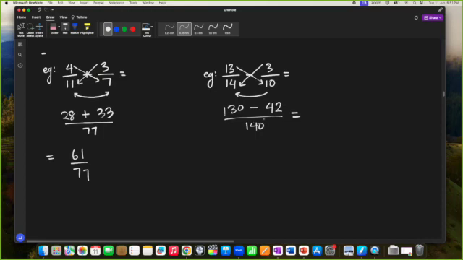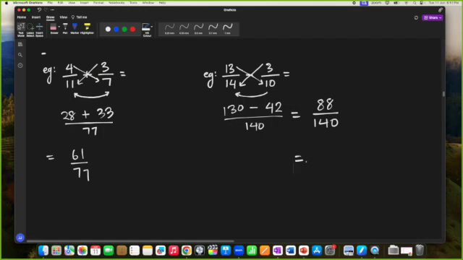Right. And so now we have 130 minus 42 is 88 over 140.